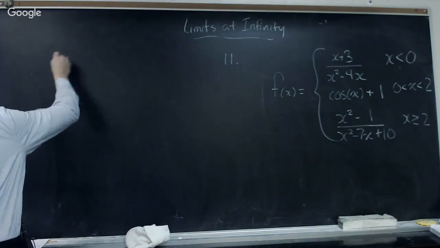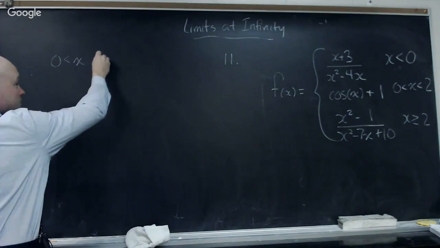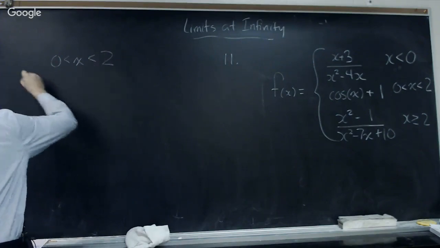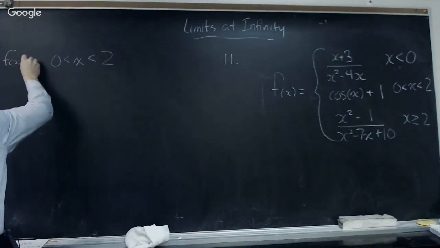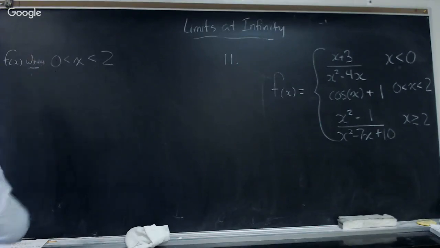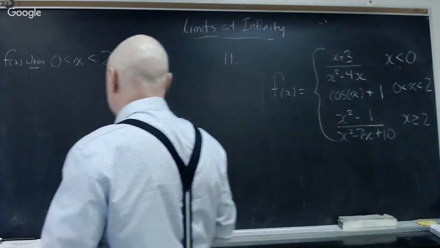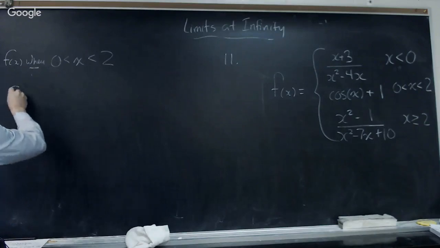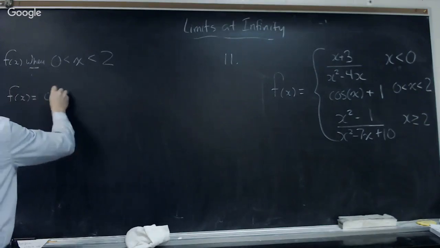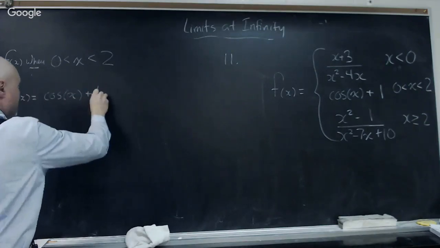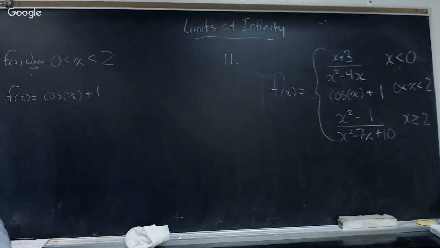So there we go. f of x, when x is between 0 and 2, the function is cos x plus 1. So it's not a rational function.